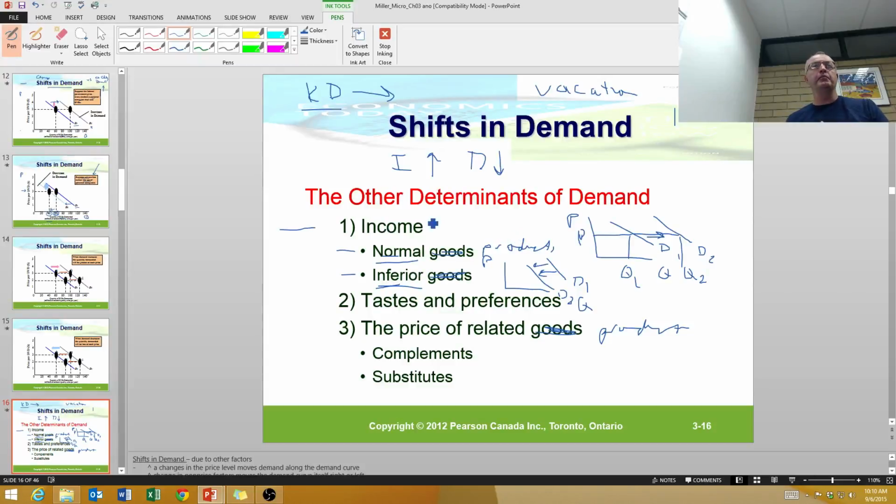So other good examples of inferior goods are used vehicles. So who drives used vehicles? Well, relatively less affluent people. And if you come across more money, you're probably going to buy a new vehicle rather than a used vehicle. So the demand curve for used vehicles probably shifts to the left as your income increases. And then another good final example that students often understand is living at home, living with mom and dad.